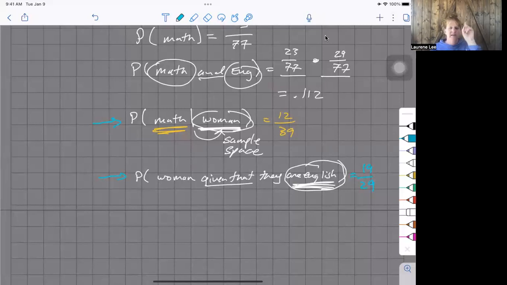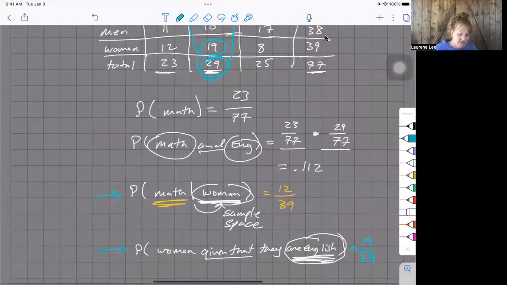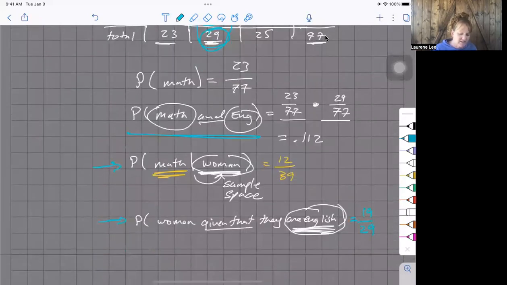It's saying just picking one math person, but it has to be a woman. So there's still just one event. We're not multiplying anything in this situation. It's just restricting your sample space, as opposed to this problem where it's saying, I want a math and an English person. This is two events. Now we're multiplying. All right, that should get you going on and problems, and I will see you in the next video.